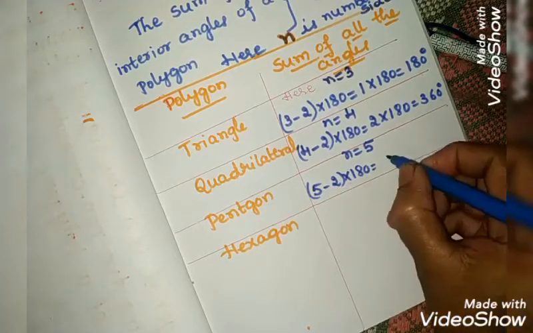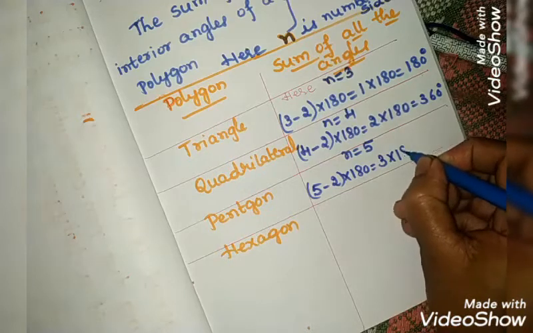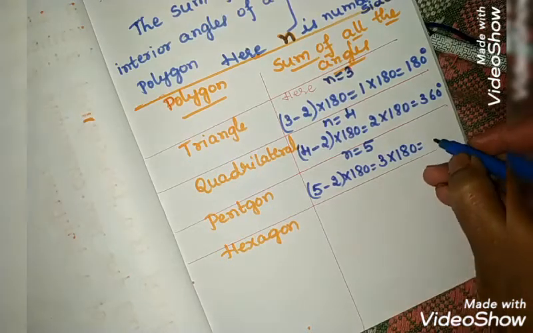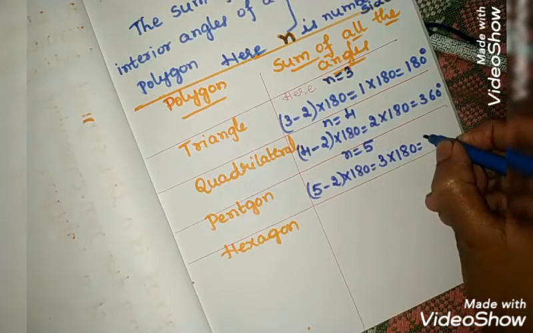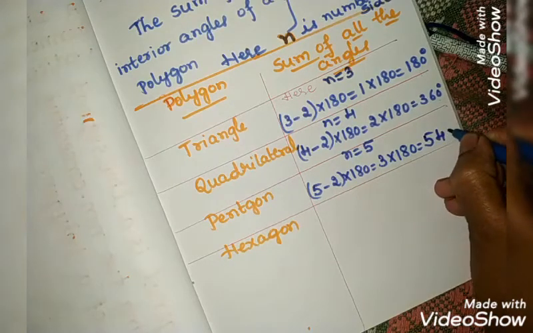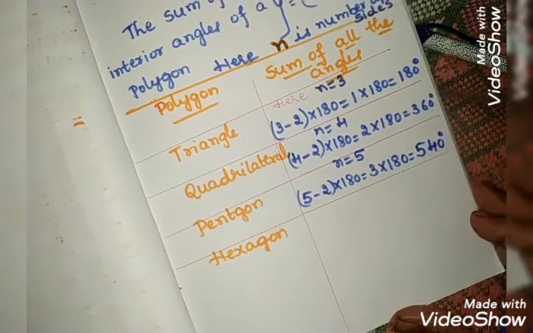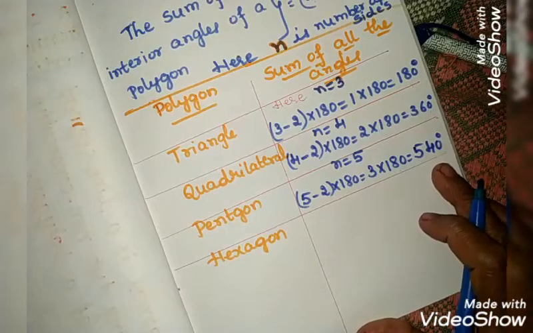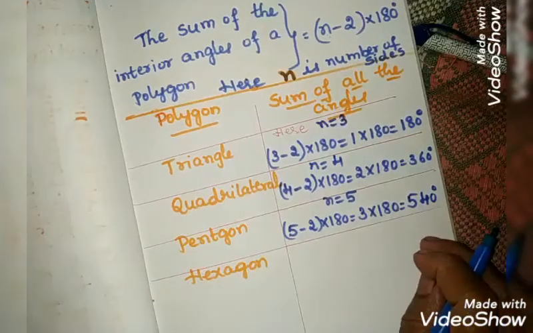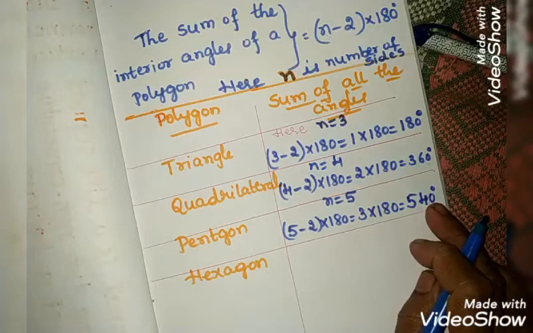Correct? 5 minus 2 is 3. 3 into 180, children. 540. 180 into 3. So, how much? The sum of all the angles of a pentagon is 540 degree. Understanding, children?